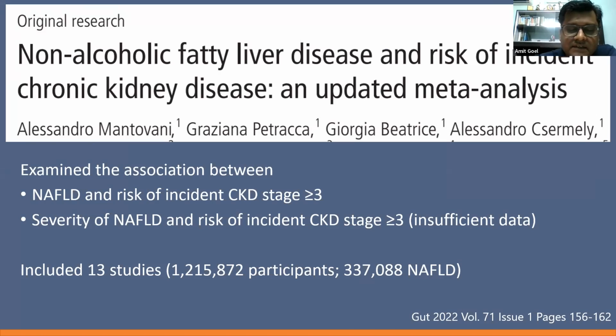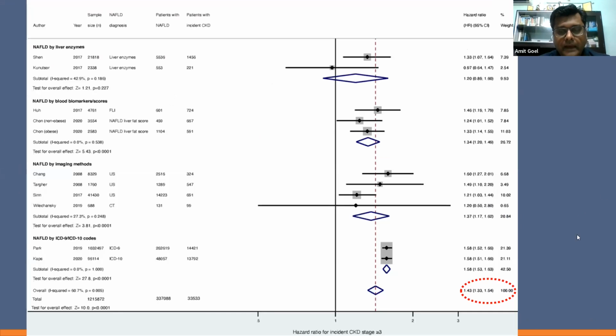They included 13 studies and see the number of participants. It was quite huge, 1.2 million participants. Out of these 1.2 million, 337,000 had NAFLD. So quite a large data. Here again, you can see that the incidence of chronic kidney disease was 1.43 times in people with fatty liver disease as compared to non-fatty liver disease.